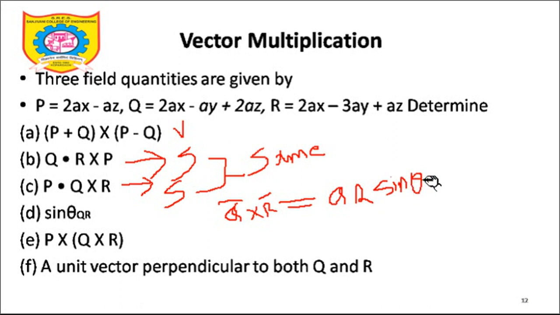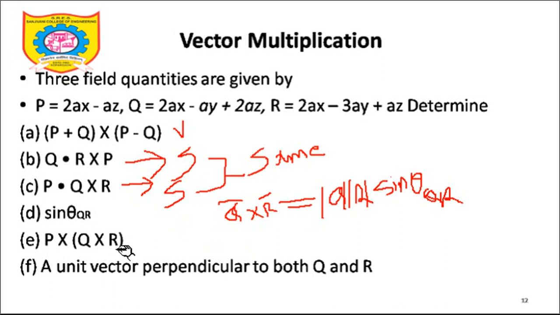This is the sin theta, the angle between Q and R. As I don't have a blackboard, I am facing a problem in writing all these things, but try to understand this. So sin theta QR is equal to the magnitude of Q bar cross R bar divided by QR. You can calculate this sin theta. And what is this Q? This Q is the mod of Q, and this is the mod of R. Try to understand, this is the multiplication.